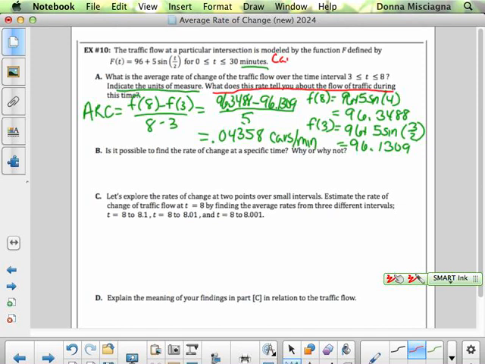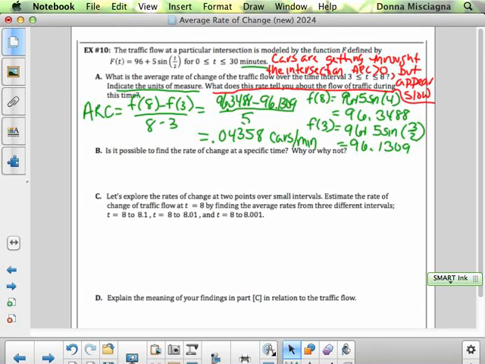So cars are getting through the intersection, and we know that because the average rate of change is greater than 0, but it appears slow. Maybe there is an accident slowing down traffic. Or traffic jam.